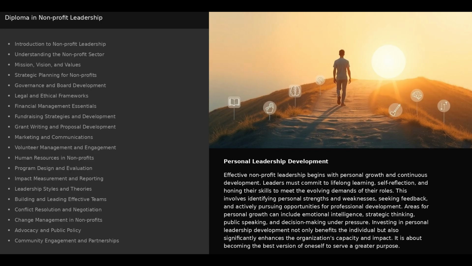Areas for personal growth can include emotional intelligence, strategic thinking, public speaking, and decision-making under pressure. Investing in personal leadership development not only benefits the individual, but also significantly enhances the organization's capacity and impact. It is about becoming the best version of oneself to serve a greater purpose.